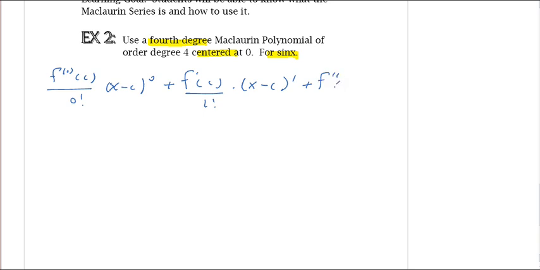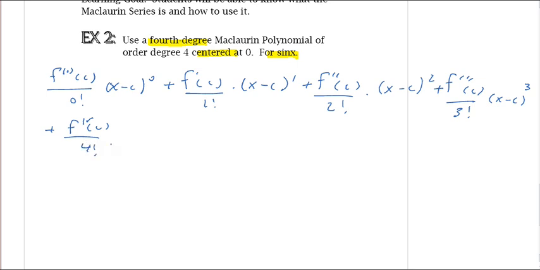Plus f double prime of c over 2 factorial times x minus c to the second, plus f triple prime of c over 3 factorial times x minus c to the third. Okay, I need to go one more because I want fourth degree. Plus the fourth derivative of c over 4 factorial times x minus c to the fourth power. Okay, we're in good shape.